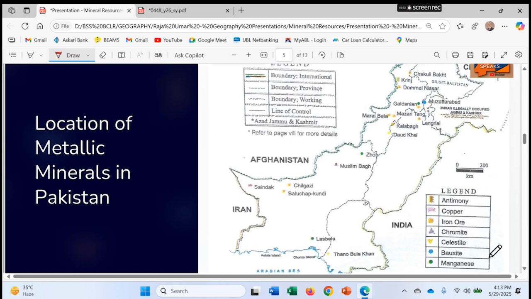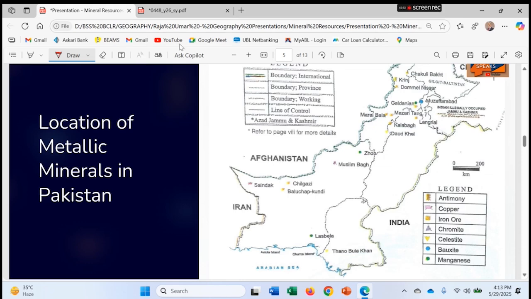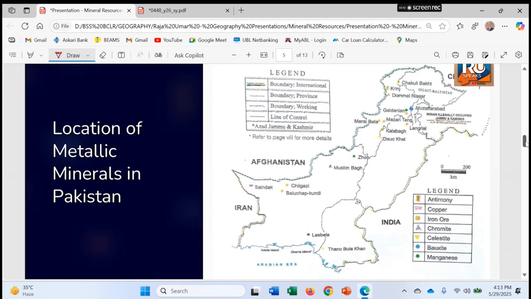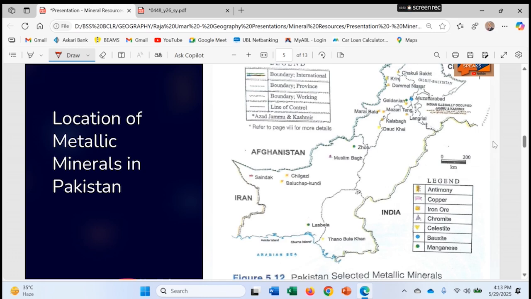So here we have the location of metallic minerals in Pakistan. Here you can see, let me zoom it out a bit so that you can watch the complete map of Pakistan. Here you can see we have the legends, the key, showing in which area which sort of mineral is available.